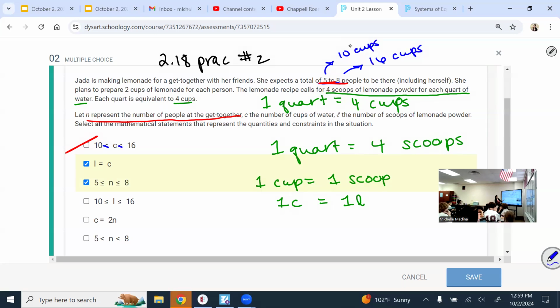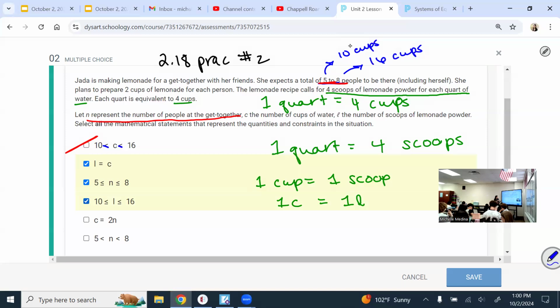Remember we said before that for every 1 cup is 1 scoop. So she has 10 cups of lemonade, how many scoops? 10. And then if she has 16 cups of lemonade, how many scoops? So then, is this the right way to represent that she needs 10 to 16 scoops, including those numbers? And then I'm going to take that one.